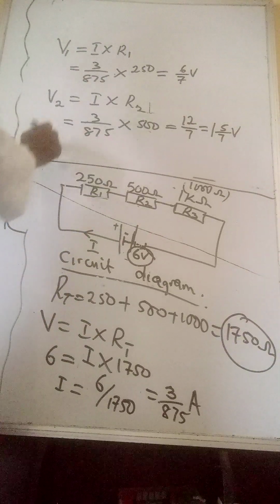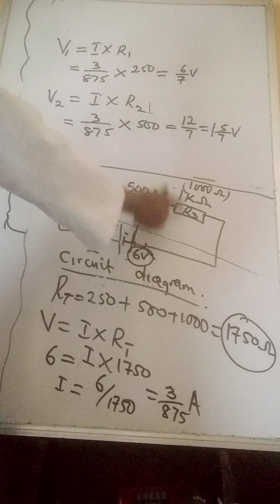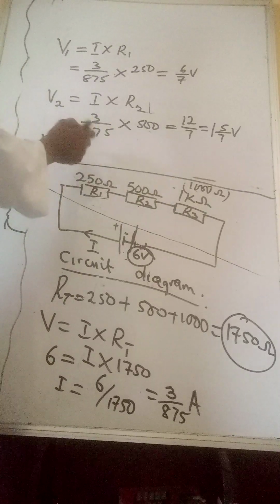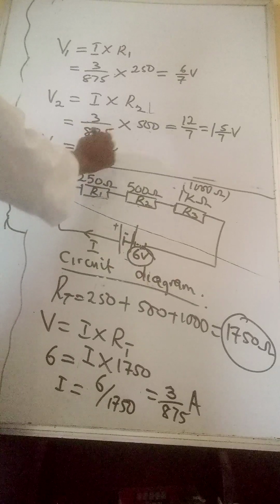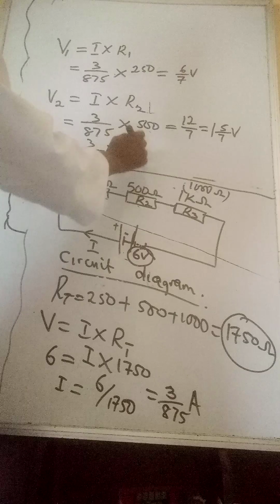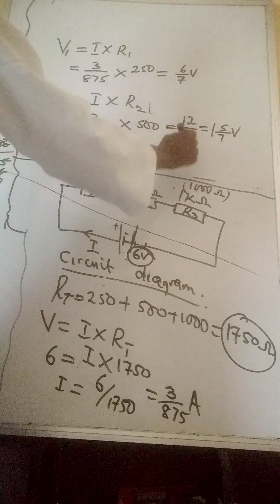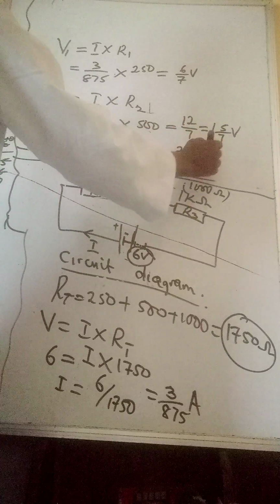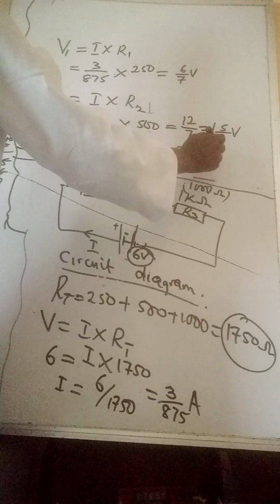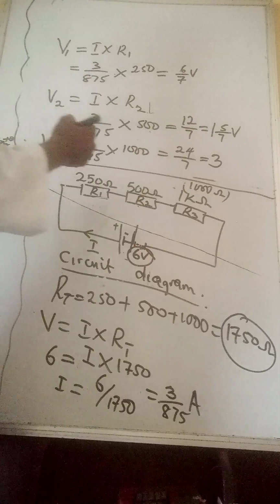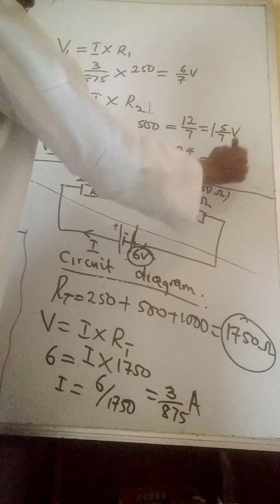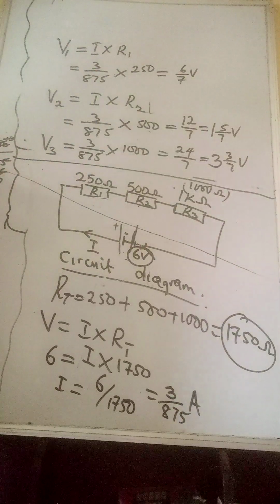For the third resistor, which is 1000 ohms, that will be 3/875 times 1000. That will give us 24/7, which is 3 3/7 volts. So that is the answer.